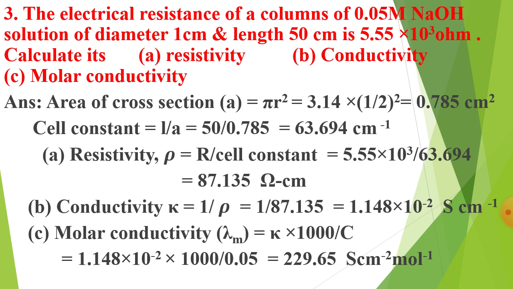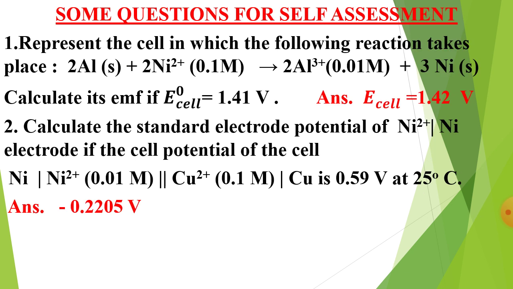Now some questions for self-assessment. Question number 1. Represent the cell in which the following reaction takes place and then calculate EMF if E naught cell is given. So by using the Nernst equation, you can calculate EMF of the cell.